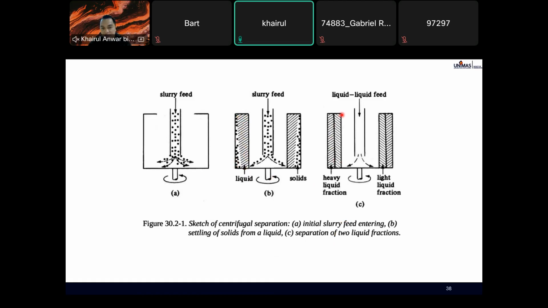Then there is separation between solid and liquid. Here we call it heavy liquid fraction because the solid is not that dry. It's still liquid with the solid inside, but it's concentrated at the wall of the centrifuge. So we have light liquid fraction and heavy liquid fraction.